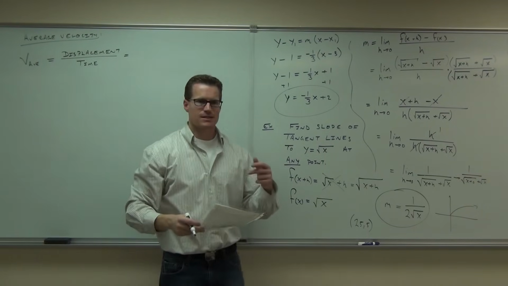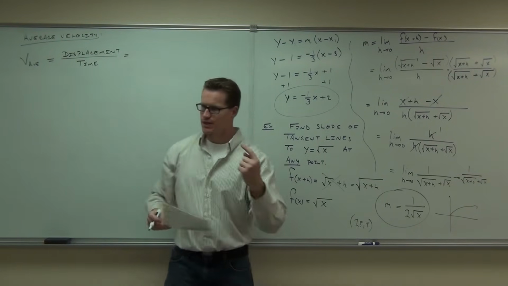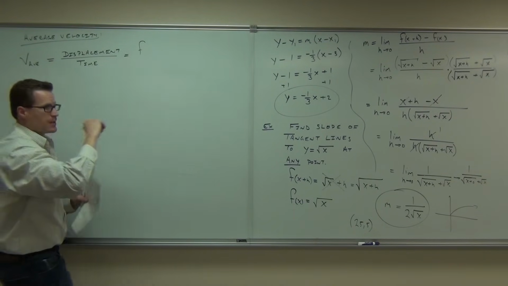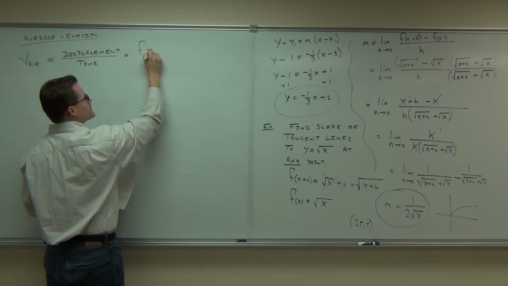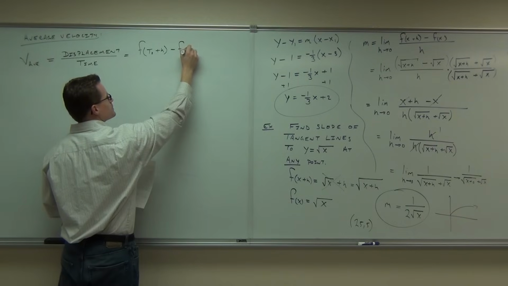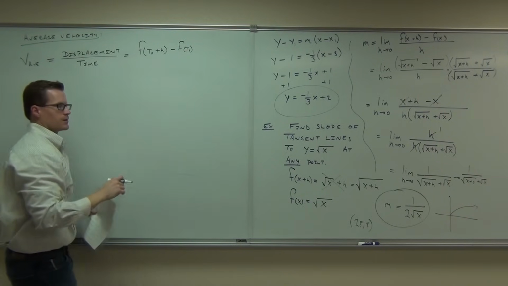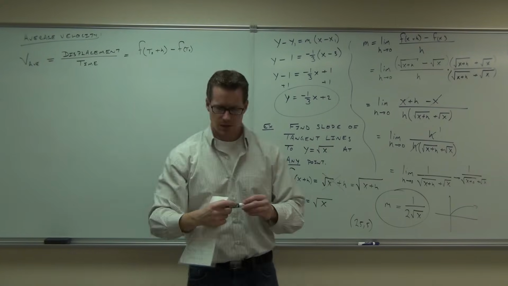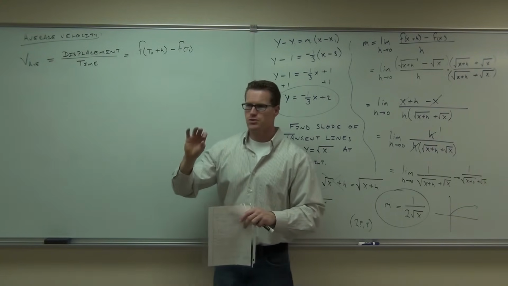Well, that's exactly what this thing that I'm about to write up there says. How far you've gone can be f of t sub 0 plus h minus f of t sub 0. That's how far you've gone. Let me explain this to you in English. F gives you your position, true?